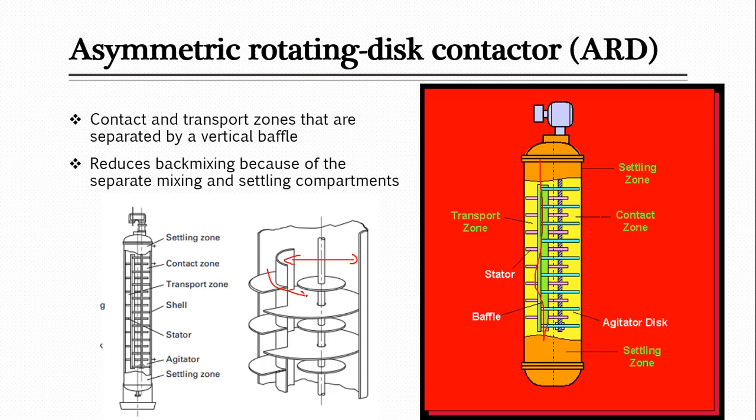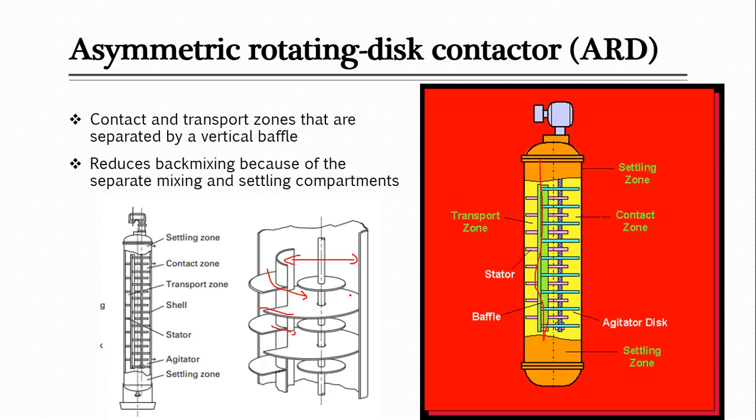It will drop into this portion, rotation takes place, some mixing takes place, which is the contact zone, and then this liquid leaves from here and moves towards the next contact area, and so on throughout the column. With the help of this, when you bring them here, some settling will take place, lighter and heavier will start separating, and then they come again in contact here, and their mixing is improved.